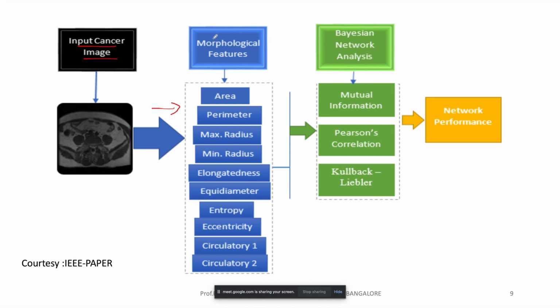Like area is one of the parameters in a cancer, perimeter of it, maximum radius, minimum radius, elongatedness, equidiameter, entropy, like that. All the different attributes which you have collected from your cancer image are fed into the BNA.